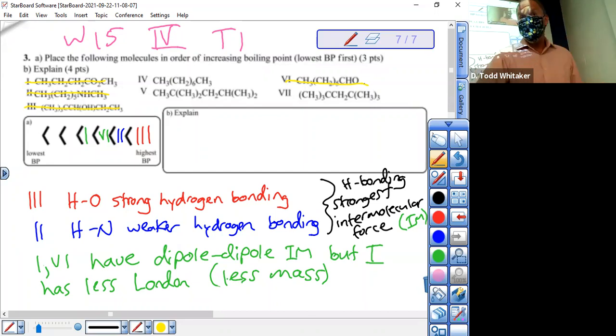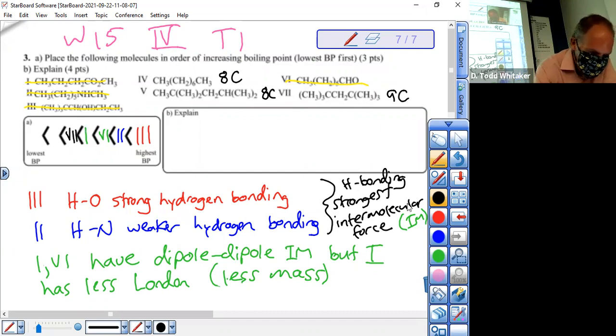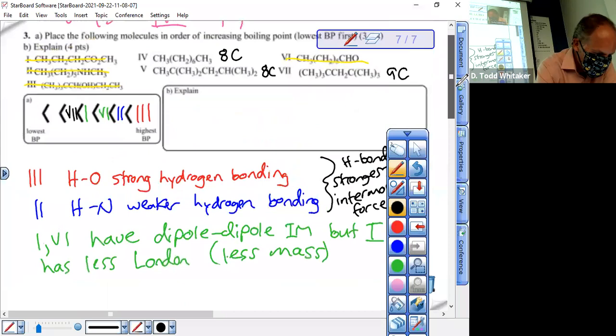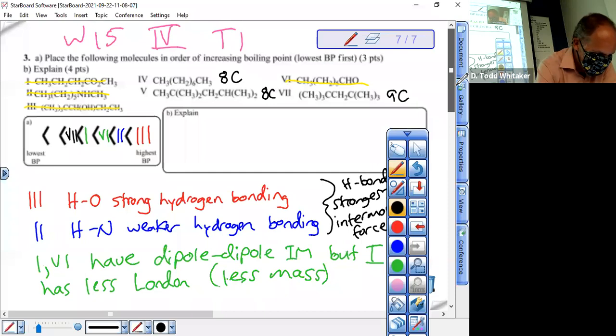So we just have hydrocarbons here. I'm going to count heavy atoms here, 8C. The next one, 1, 2, 3, 4, 5, 6, 7, 8C. So there's a reason why one's going to be better than the other. And the bottom one, 3, 4, 5, 6, 7, 8, 9C. So we're comparing, I guess I didn't do my explaining in the box, did I?